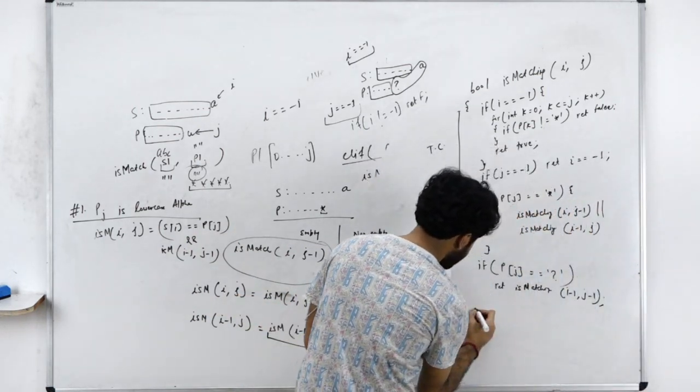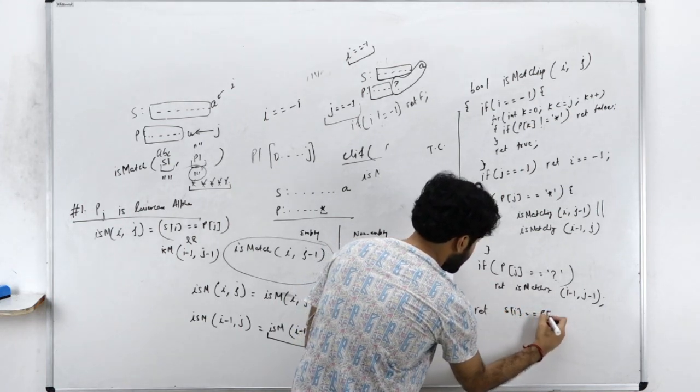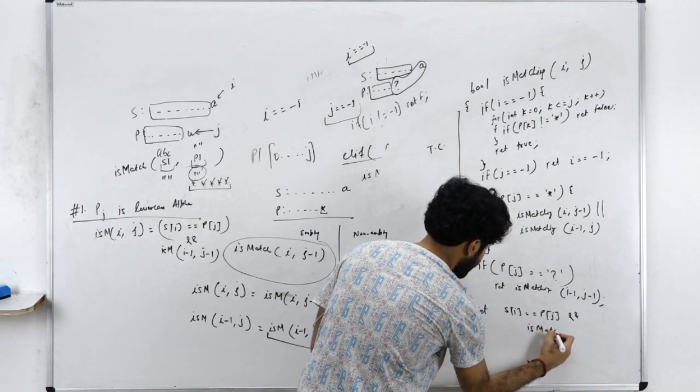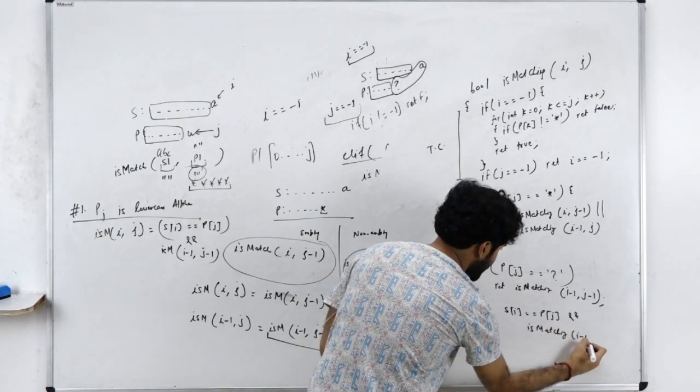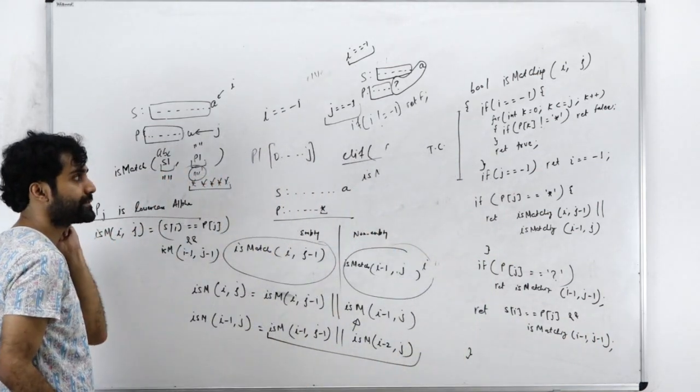So in the final case, I would simply return s[i] equals p[j], and I would make a call for isMatching(i minus 1, j minus 1). That's it. This is the code for this.